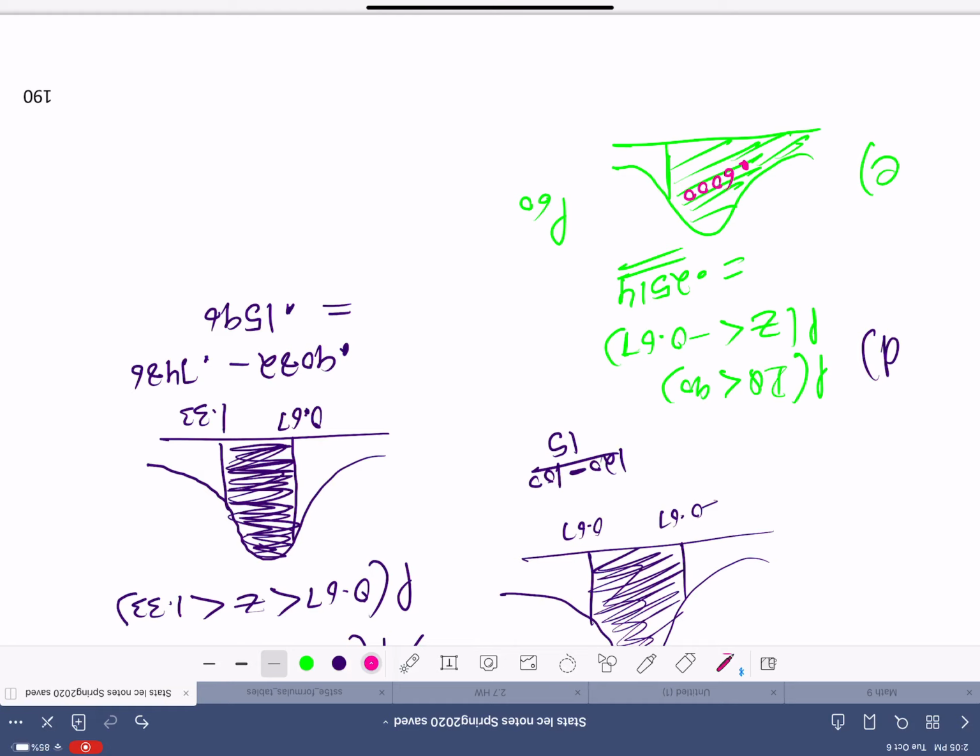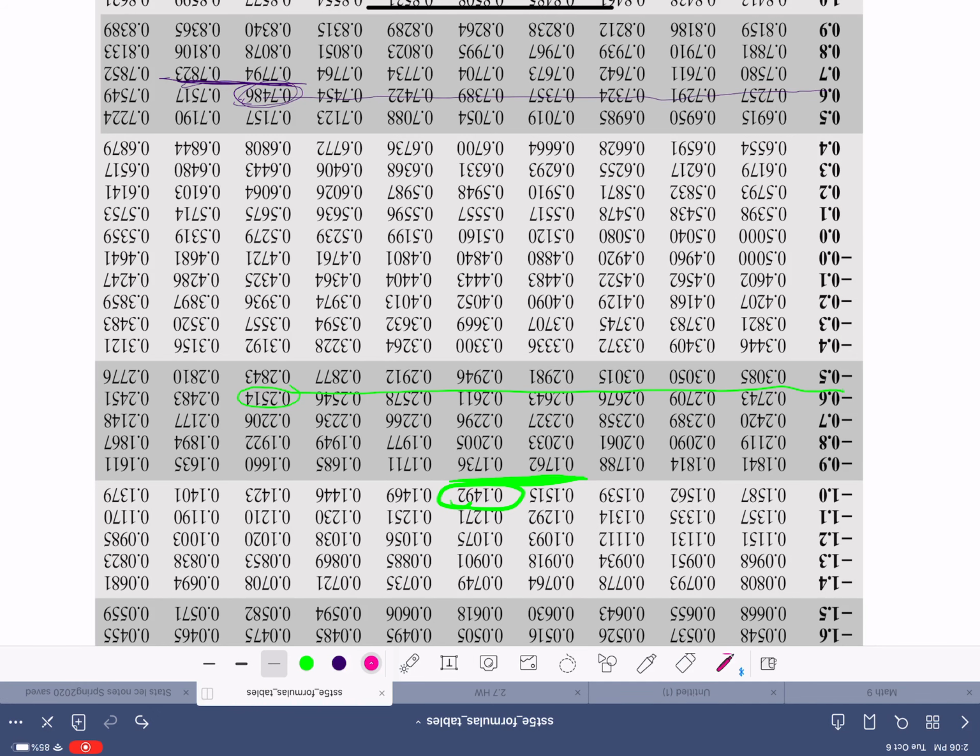So how do we find the z-score that has 0.6000 area to the left? Well, we can use the calculator inverse normal, or we can look for 0.6000 in the body of the table, and see which one is the closest.